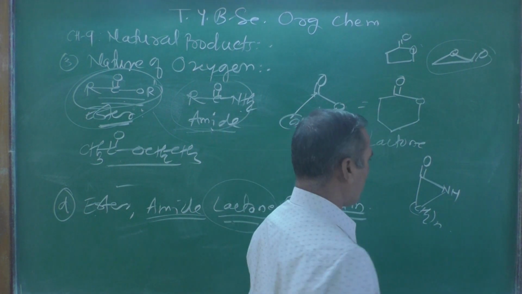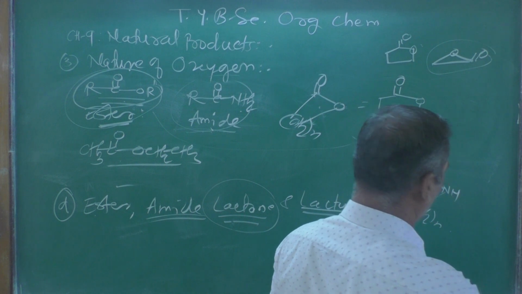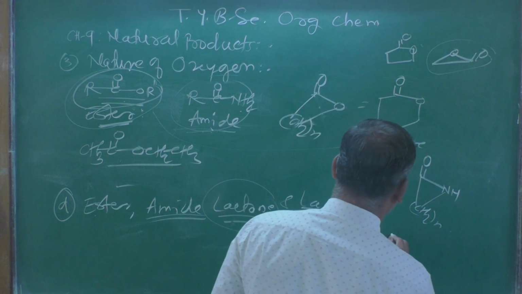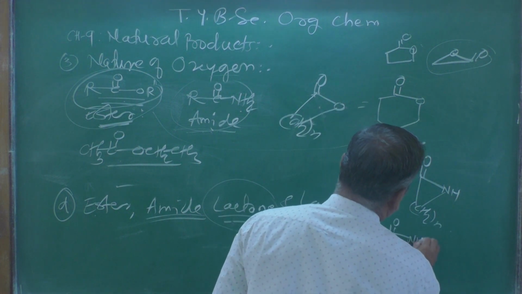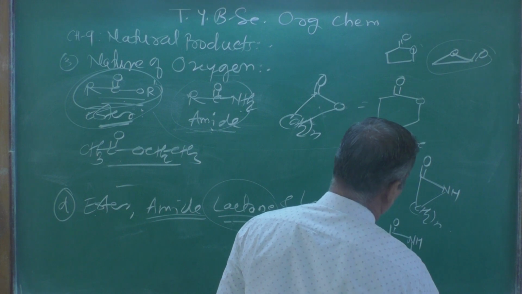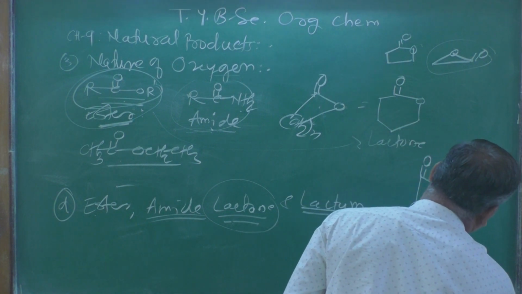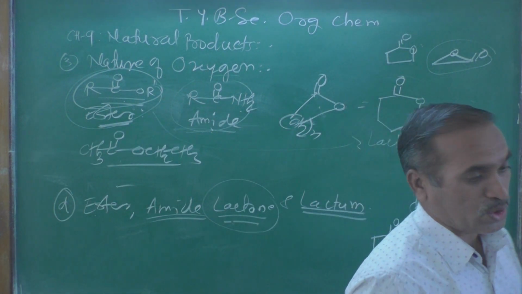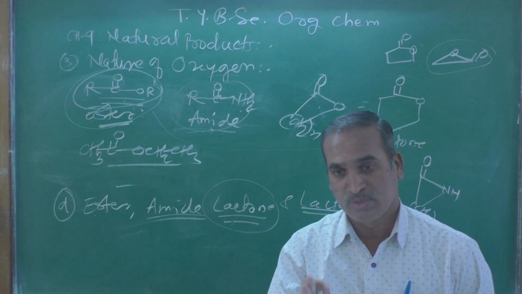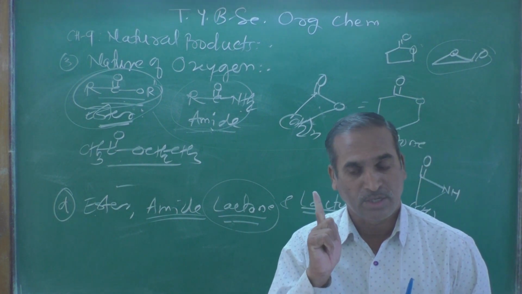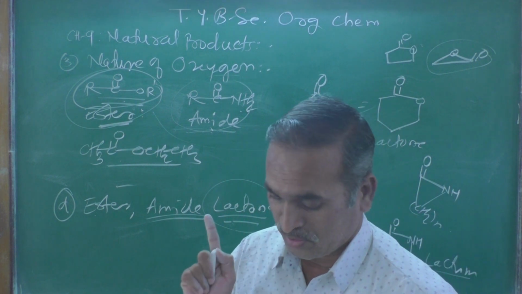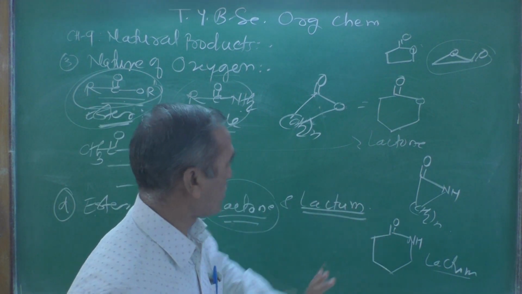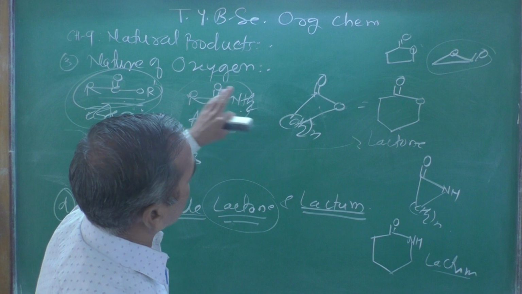If 1 is there, it is a 3-membered ring, if 2 is there, 4-membered, if 3 is there, 5-membered, if 4 is there, 6-membered. So with NH, this type of structure is called a lactam. Understood the concept of lactone and lactam? The cyclic form of an amide is known as a lactam, and the cyclic form of an ester is known as a lactone.